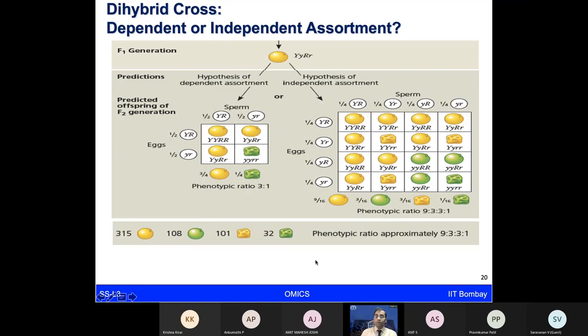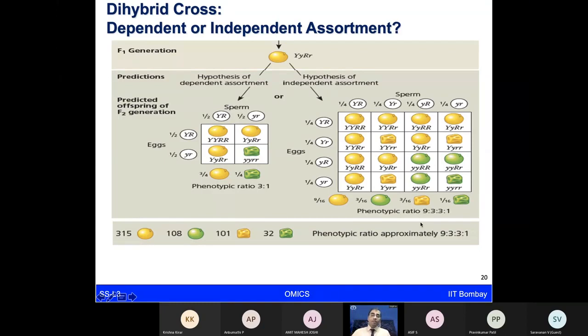He already made predictions, and when he saw the results, he counted the number of seeds which came from those crosses, and he could see that the ratios of these seeds came out 9:3:3:1, which proved that the hypothesis of independent assortment is correct.